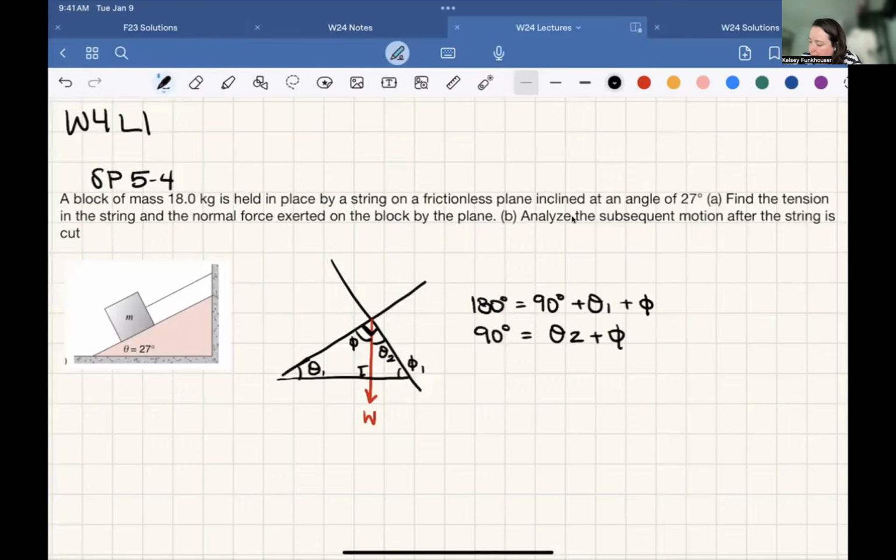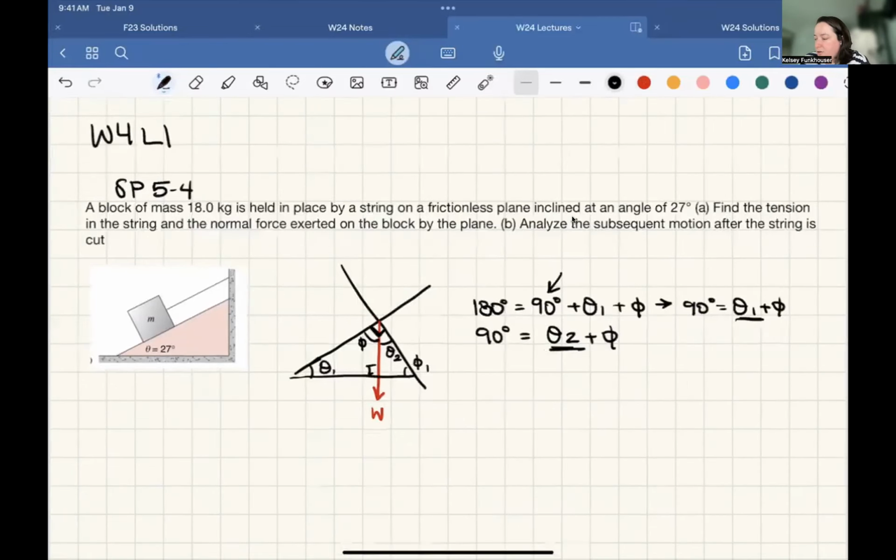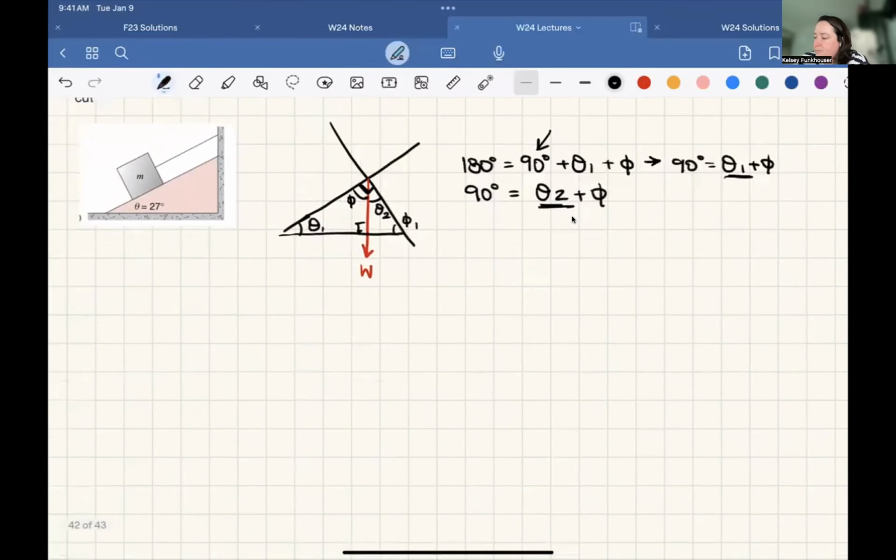And we can actually subtract this 90 on both sides, and we get 90 degrees equals theta 1 plus phi. So that tells us that theta 2 and theta 1 are equal. So just from geometry of the situation and trig, that's how we know this incline angle is also the angle between the weight force and the negative y-axis. Okay.